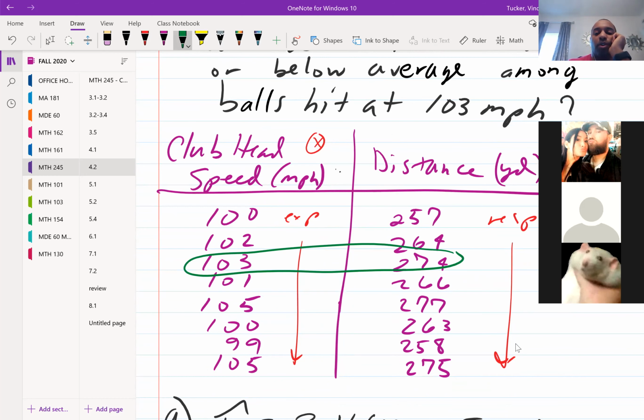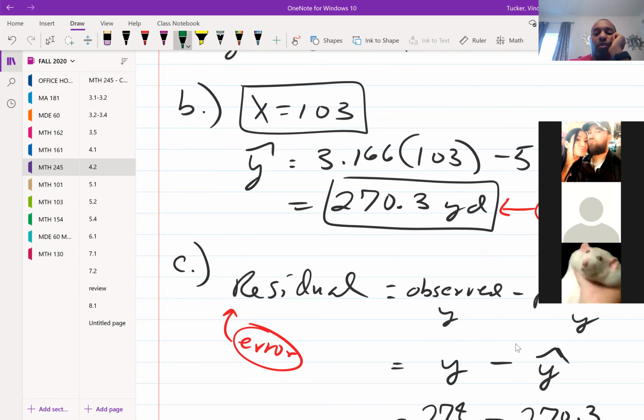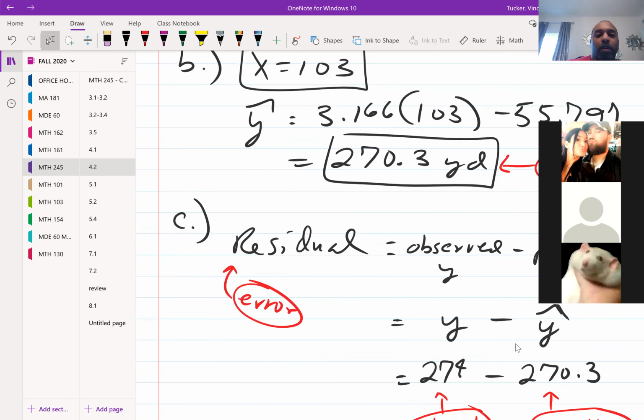The distance the ball traveled was 274 yards. So the residual, or error, is going to be your observed y minus the predicted y. You can't find the error if you don't actually have an observed outcome. If you're talking about notation, your observed y is just y, and your predicted y, which we talked about already, is y hat. That's a notation you may see, whether in MyMathLab or in the book.